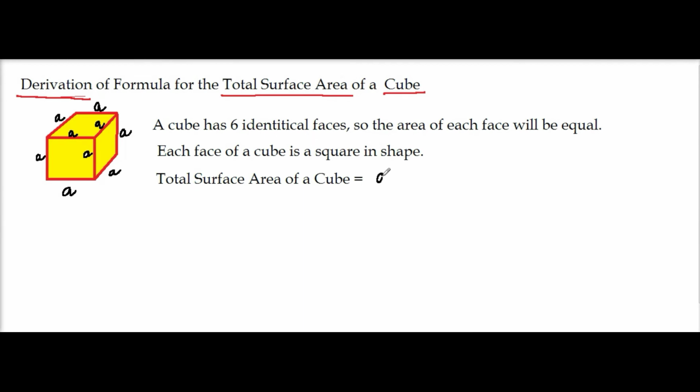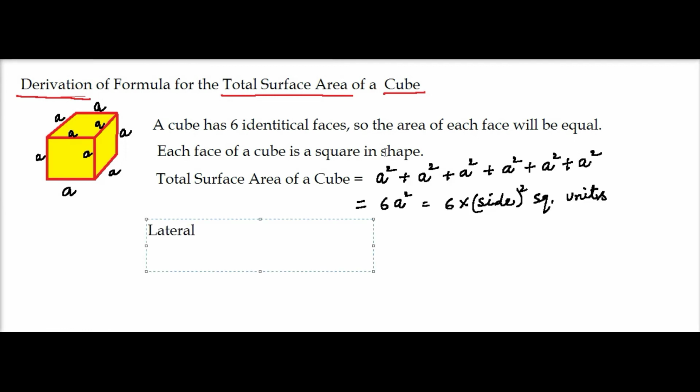Each face is a square, so the area of each face will be a square. We can write a square plus a square plus a square plus a square plus a square plus a square. Total 6 times we can write a square. We can also write 6 times a square or 6 times side square units.